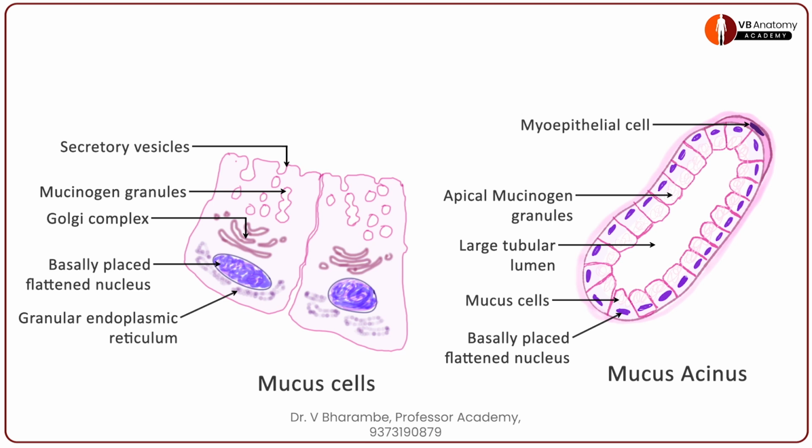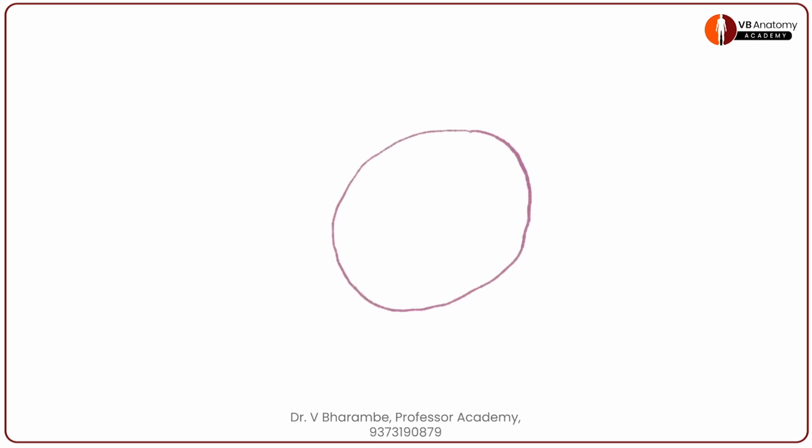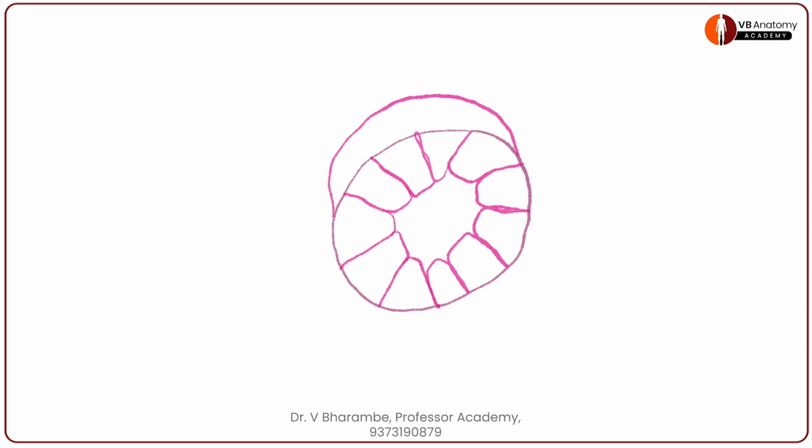The third element we have to draw is the mucous acinus with a serous demilune. So draw a large acinus and draw with columnar epithelial cells. Now draw a crescent shape on the edge and draw pyramidal cells here.